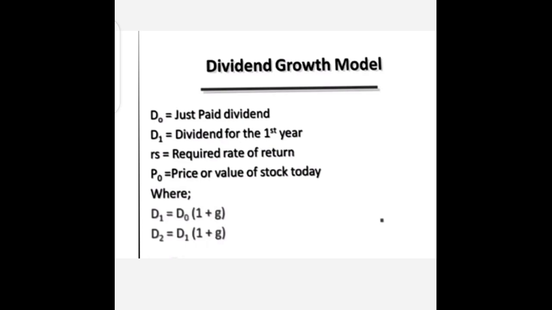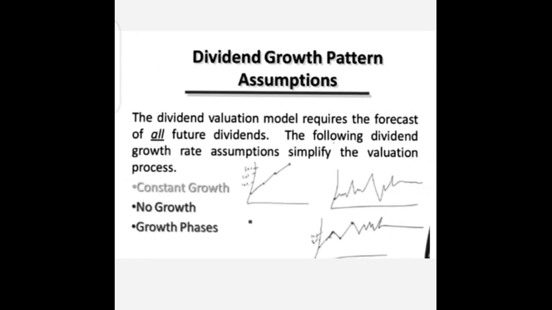Then we have D1 for the first year, R is the required rate of return, and D1 equals D naught times 1 plus G. So if we want to find the dividend in the first year, we simply compound today's dividend with 1 plus G. If we want to find D2, we multiply D1 with 1 plus G. If we want to find D51, we multiply D50 with 1 plus G.